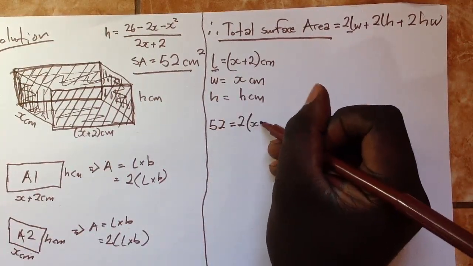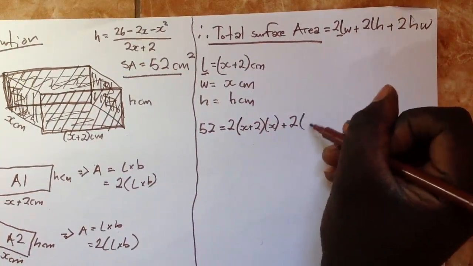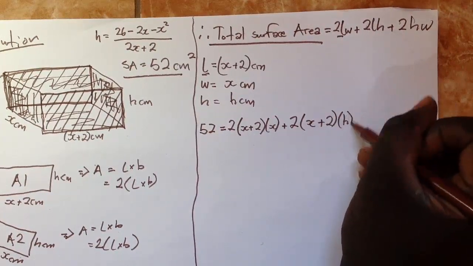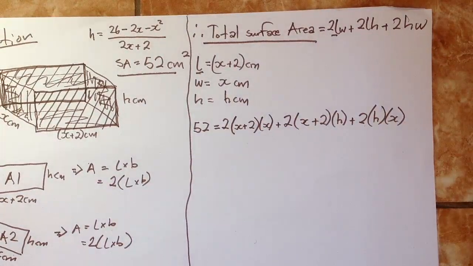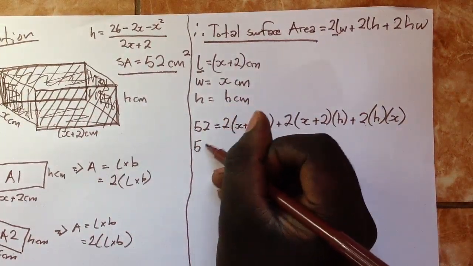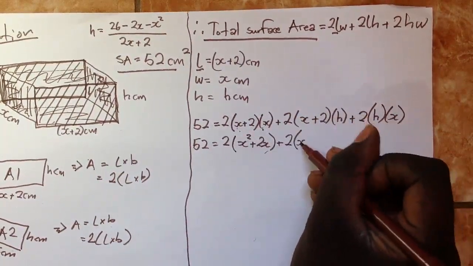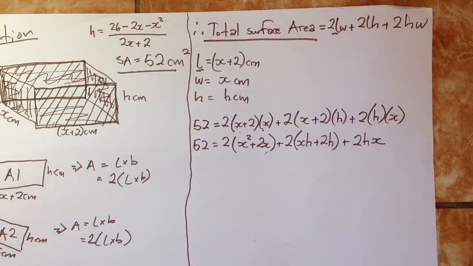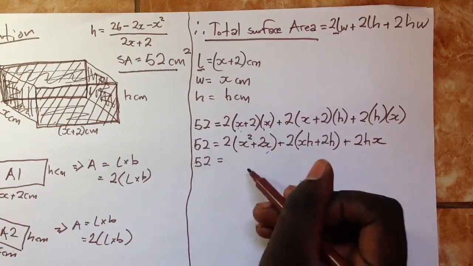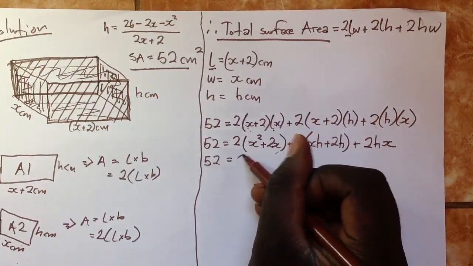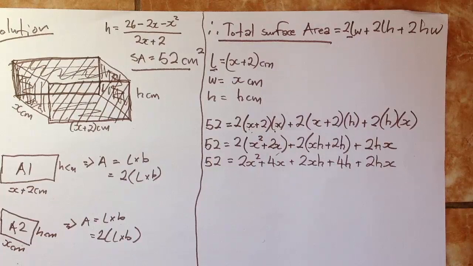So by doing that, we finally get 52 is equal to 2x times x plus 2, plus 2 times x plus 2 times h, plus 2hx. So this basically becomes 52 is equal to 2x squared plus 4x plus 2xh plus 4h plus 2hx.